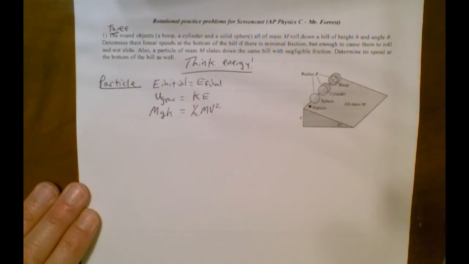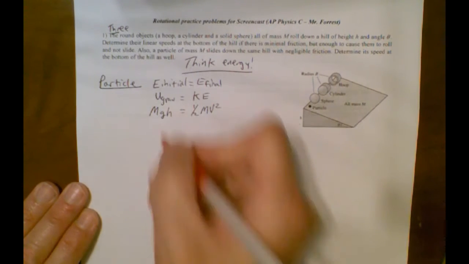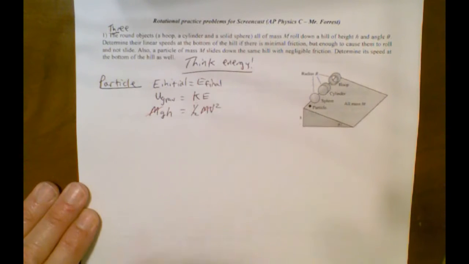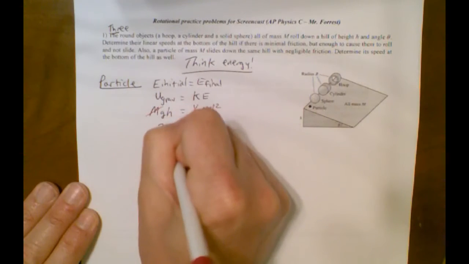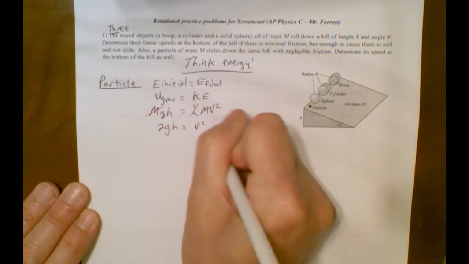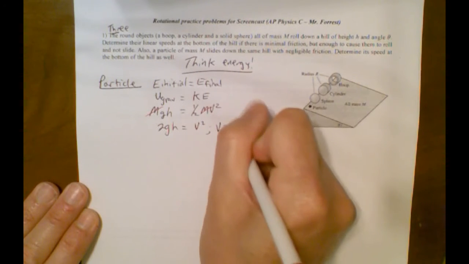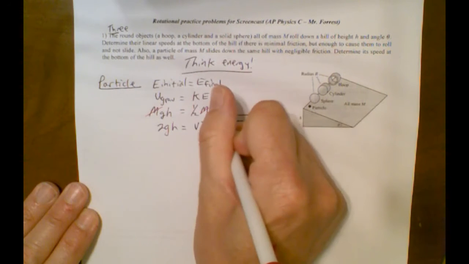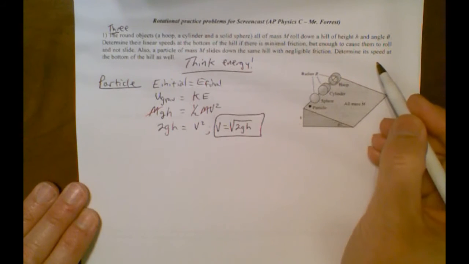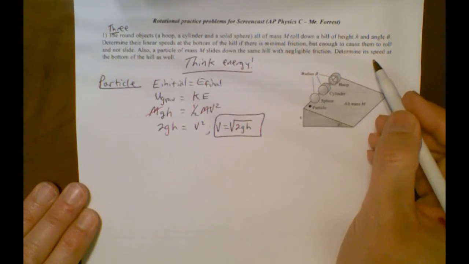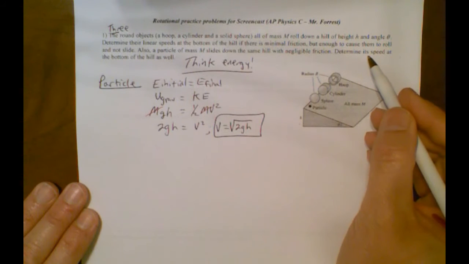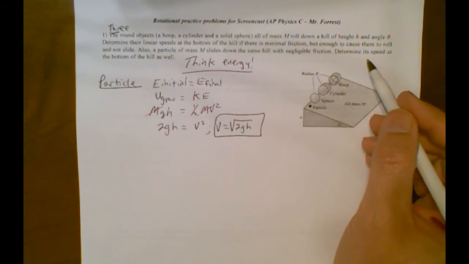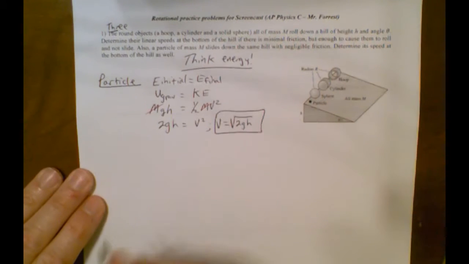All right, so if you notice that for this particular equation and a lot of energy equations, the mass cancels out, so that's not that important. So I'm going to get 2gh equals v squared. So v equals radical 2gh. I'm going to probably reword this saying, please answer in terms of m, g, h, v, fundamental constants or something like that.